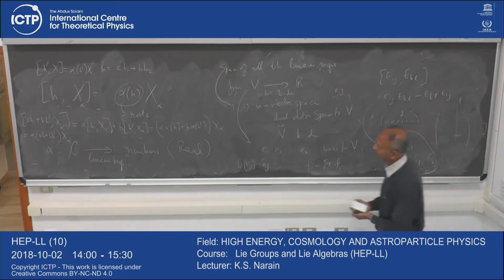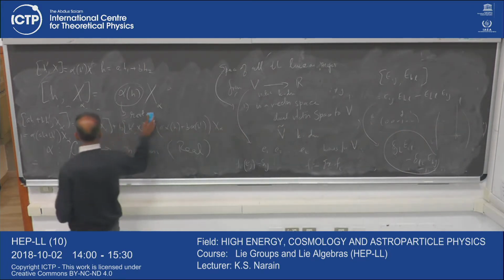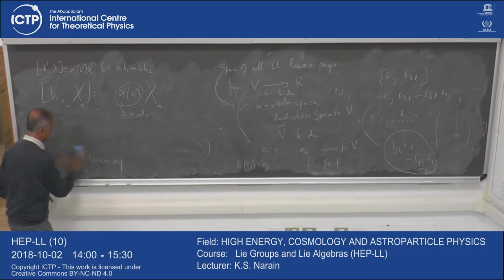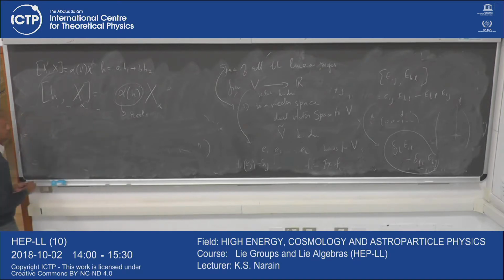Okay, so now let's see, we want to check if this is true. Since H's are diagonal guys, they can be written as, for example, H1 is E11 minus E22. I don't know whether I wrote it somewhere. H2 is E22 minus E33.